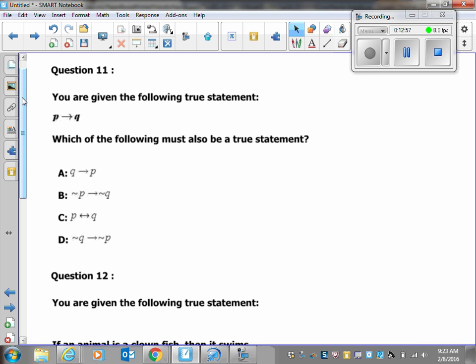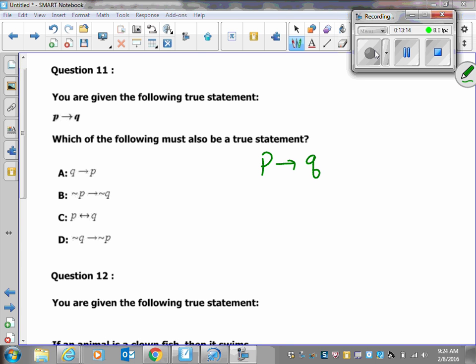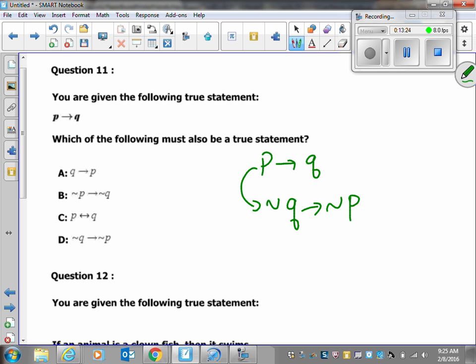All right, you are given the following true statement. If P then Q, which of the following must also be true? Remember, logically equivalent. If P then Q was given, it's always going to be not Q, not P. Okay, it's the contrapositive.